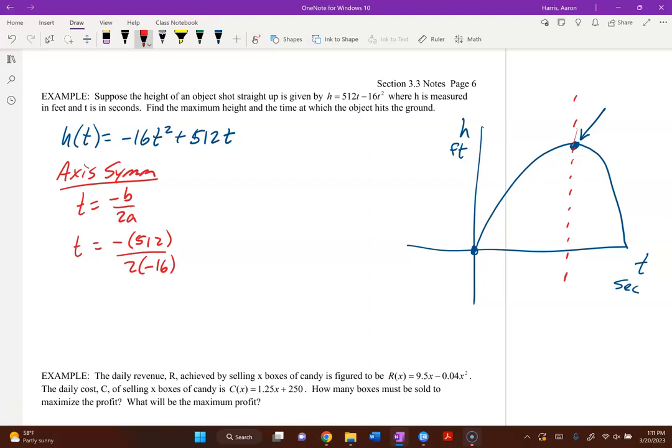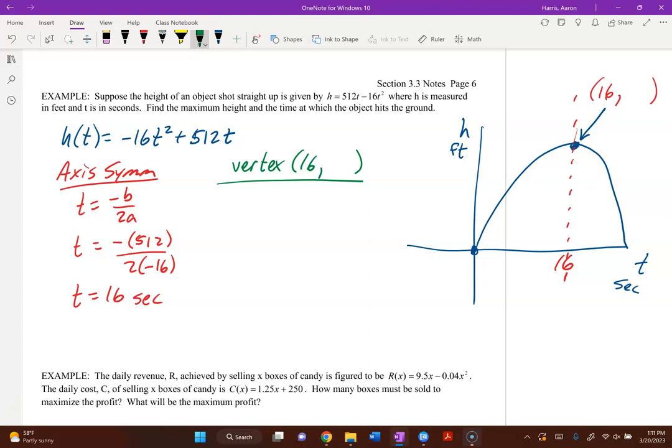So negative 512 divided by negative 32 ends up being 16 seconds. All right, so this is at 16 seconds. So 16 comma something. Now the question is, what's the height then? Well, the maximum occurs at 16 comma something.